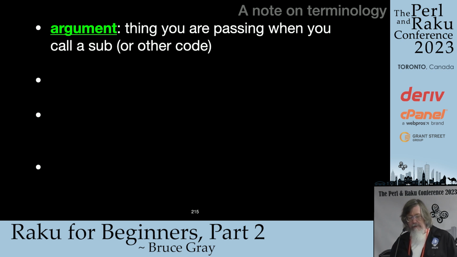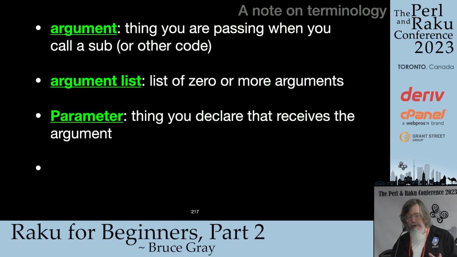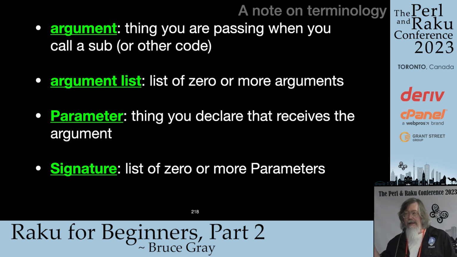Okay, I said this earlier. Very consistent. Argument is what you're passing. Argument list is the list of things you're passing. Parameter is the thing that gets the argument. And parameter list is called a signature. Even though I keep calling it a parameter list, in our docs, it's a signature. And it says, why do we call it a signature instead of a parameter list?